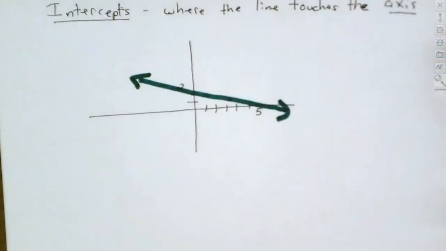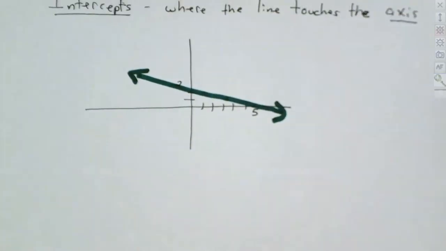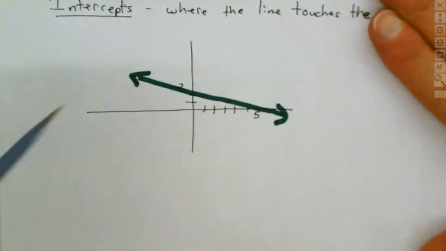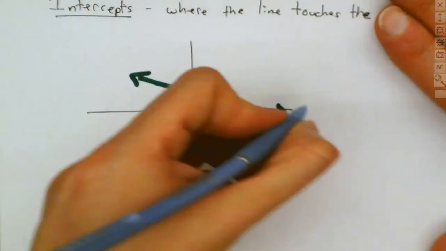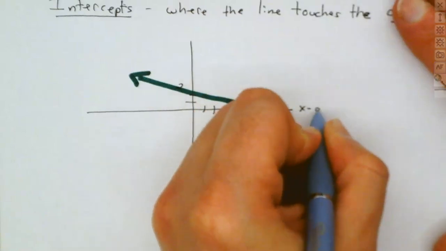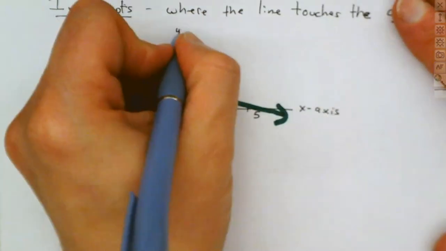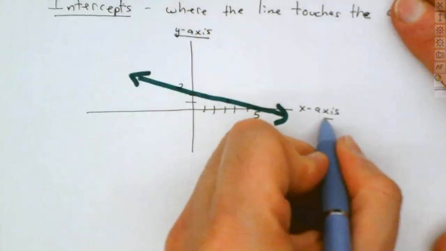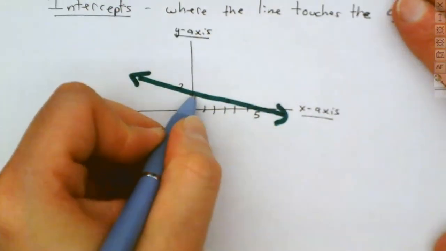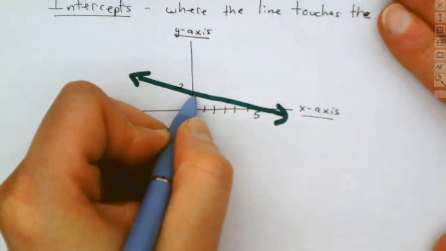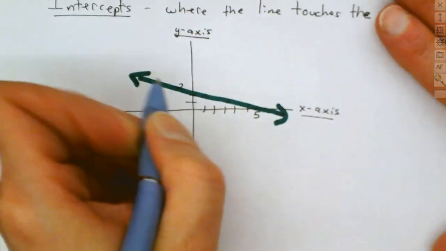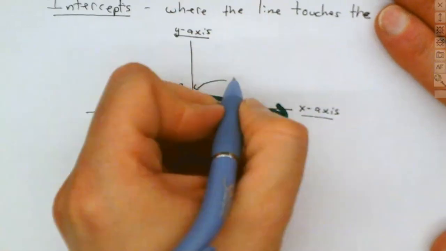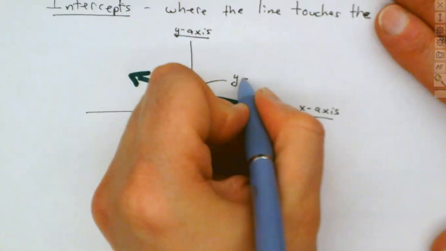Now, this line has an x-intercept and it has a y-intercept. So we look at whichever axis it crosses. This is the x-axis and this is the y-axis. When we look here, right here is where it crosses on the y-axis, isn't it? So right here, that is called my y-intercept.